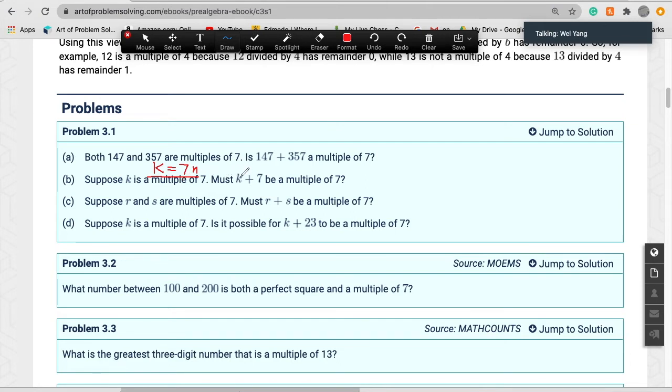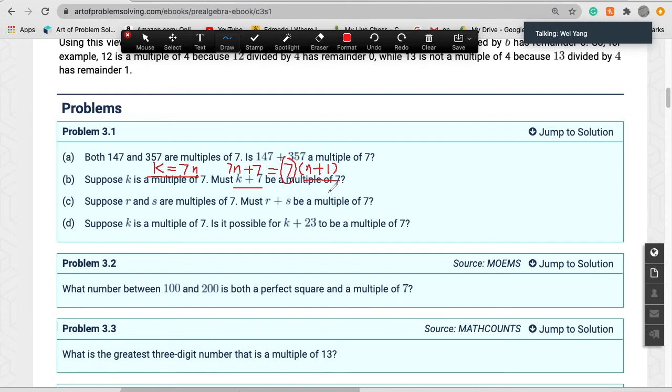Then we can write K plus 7 as 7N plus 7. Then we can take the common factor 7 out. We get 7 times parentheses N plus 1. Based on the definition of a multiple, K plus 7 equals 7 times another integer, because N is an integer, right?